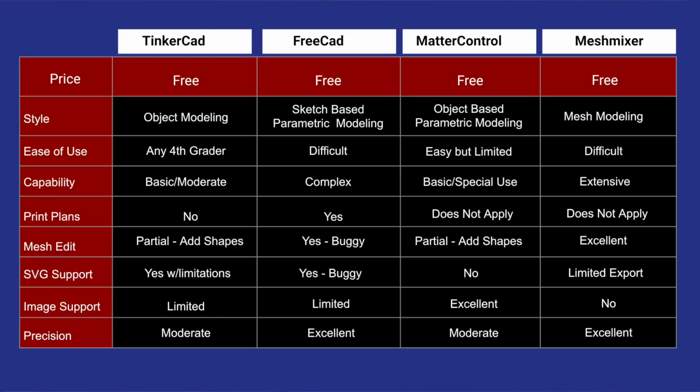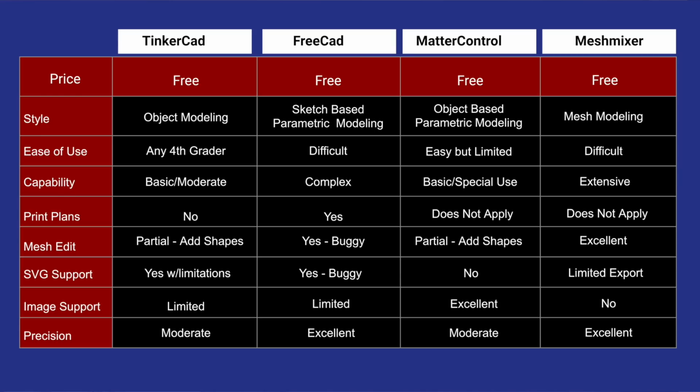It does have interesting SVG support. I'll explain why that's important a little bit later. It has very little, almost no image manipulation support, so you can't take a photograph, a JPEG as an example, and really use it effectively with Tinkercad. And you can get relatively precise models, but it's a little bit kludgy to do that because you're working with the manipulation of 3D objects.